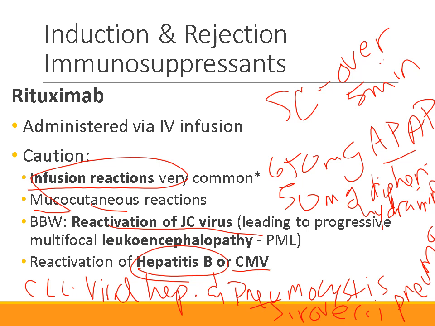All patients who have resolved hepatitis B infection and are taking rituximab should also get, or it's recommended that you should consider viral hepatitis prophylaxis. Okay, so CLL patients, this is the recommendation.